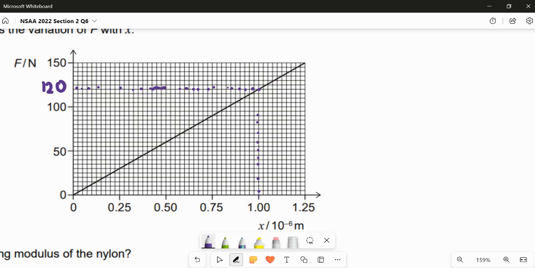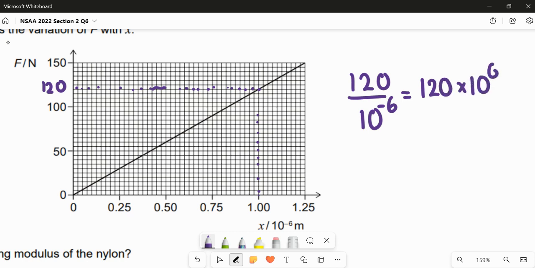So that means the gradient is 120 over 10 to the minus 6, which is just 120 times 10 to the 6. So if we pass over 2 zeros, we'd get 1.2 times 10 to the power of 8.